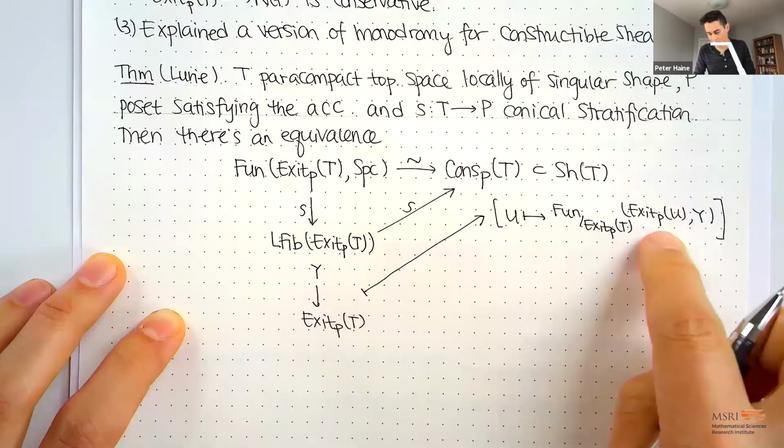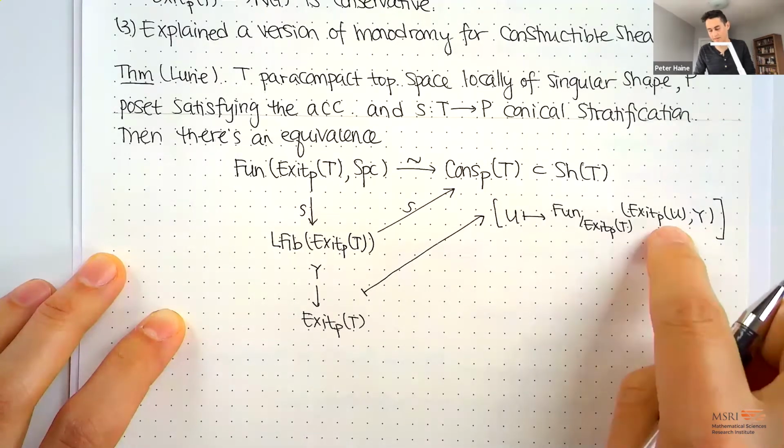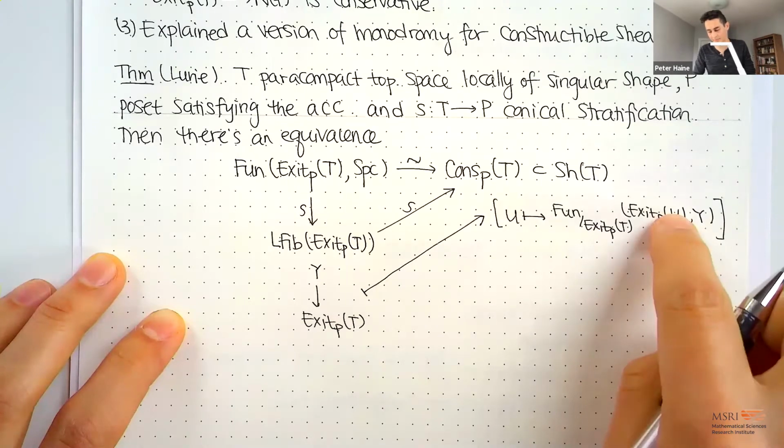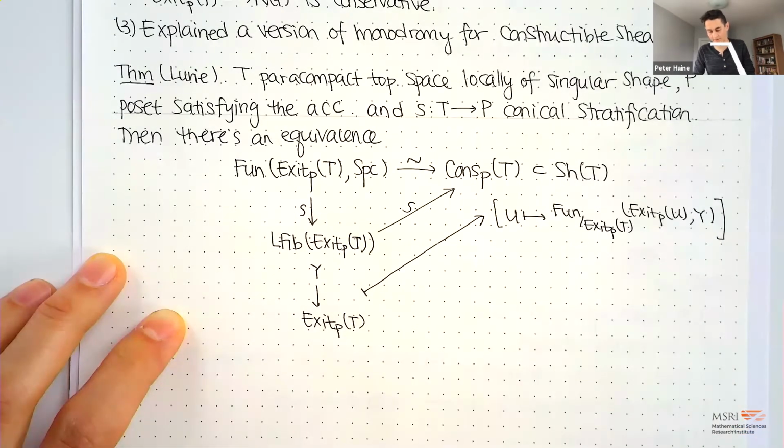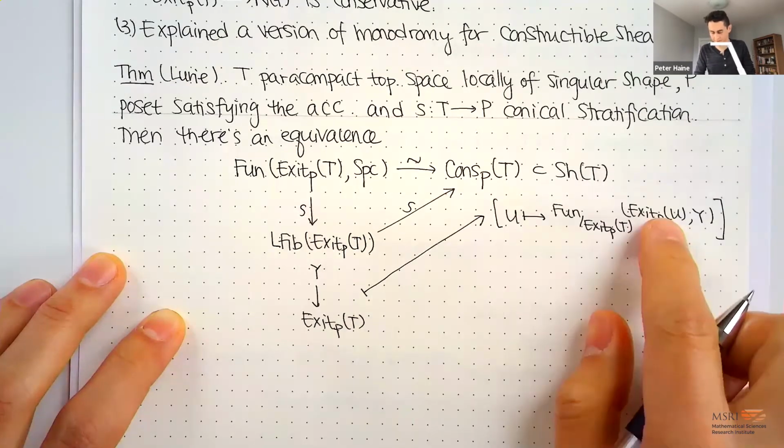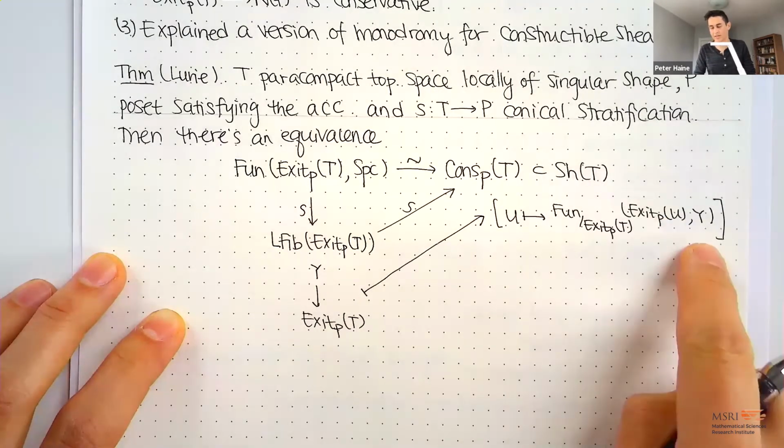So if you have an open subset of a conically stratified space, then it's also conically stratified. That's an easy thing to check. So this formula actually makes sense.